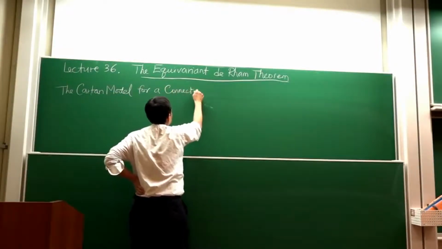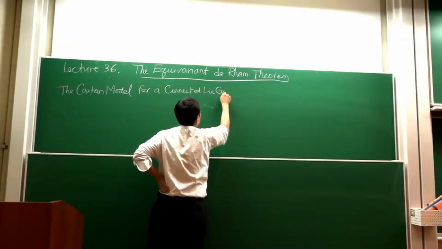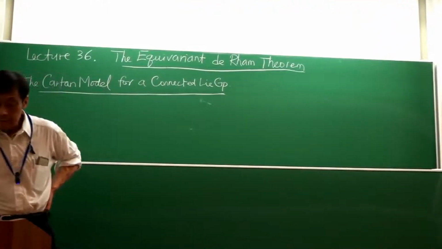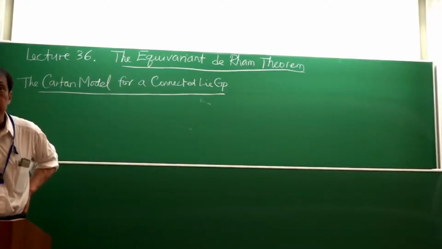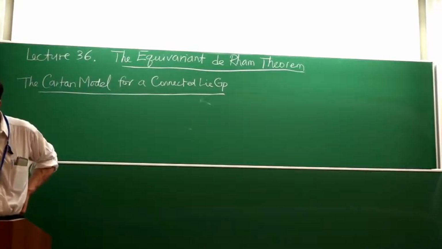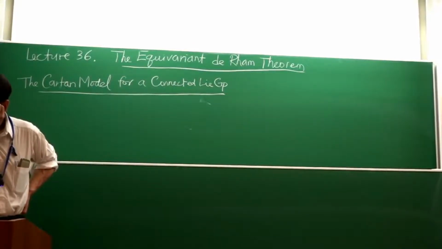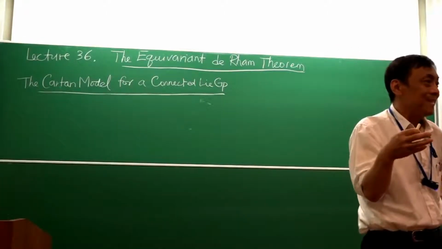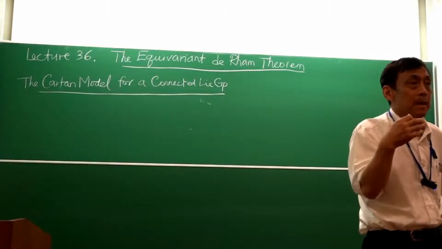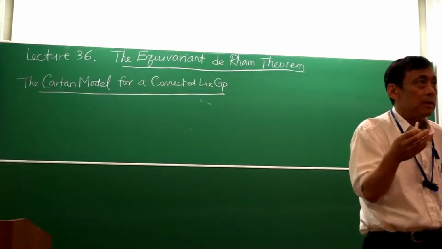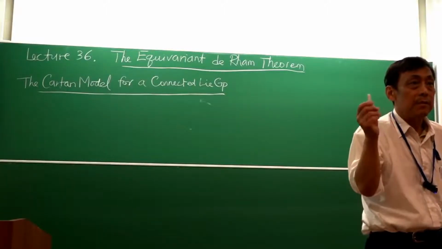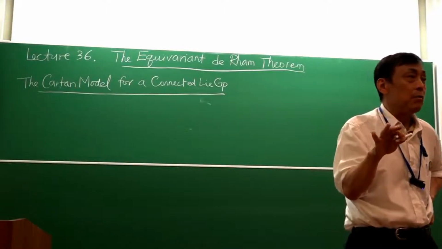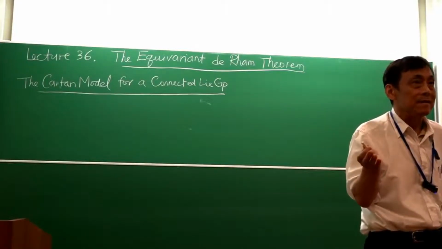And the reason we need connectedness is that we wanted to use the condition for invariance, that an element is invariant if and only if the Lie derivative with respect to any x in the Lie algebra is 0, and that works only if the group is connected.